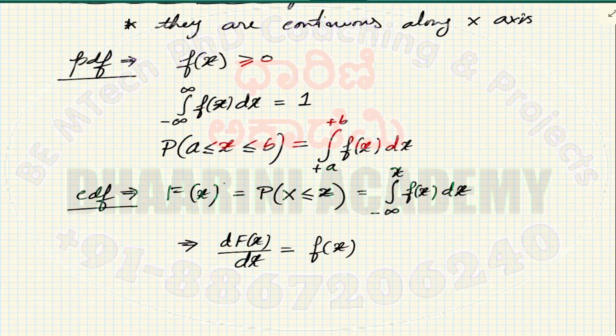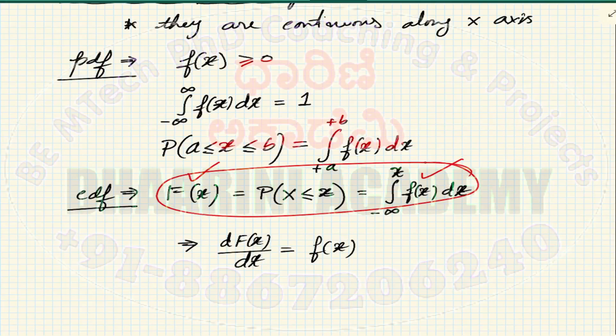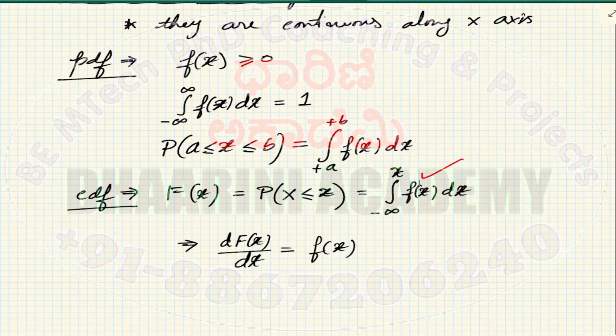So we have two relationships. If you know small f and want to calculate capital F of x, you use this equation. If I know the CDF, capital F of x, but you want to calculate the small f, simply differentiate it. These relationships are very handy when we solve several types of problems.